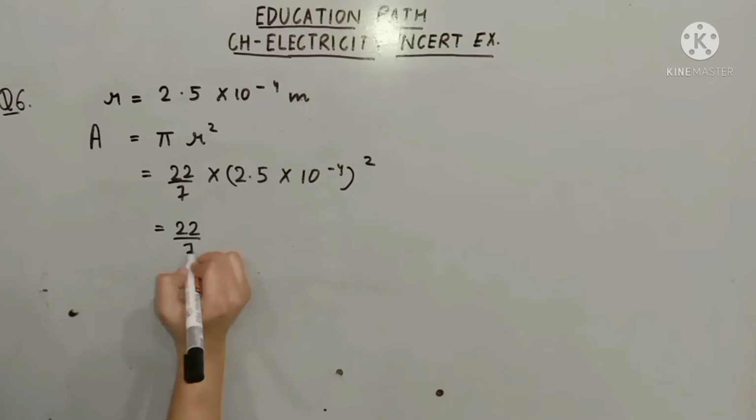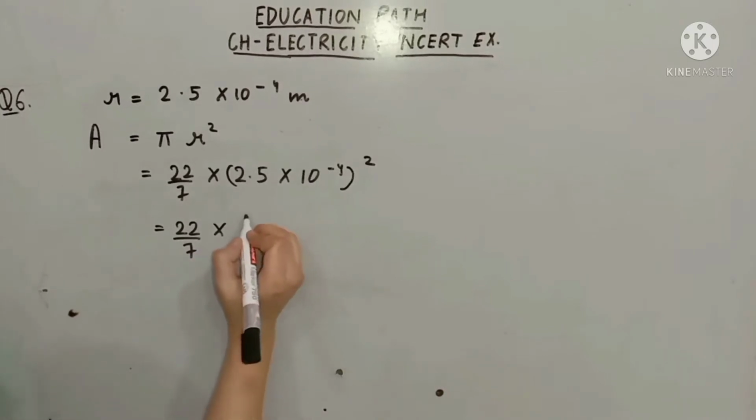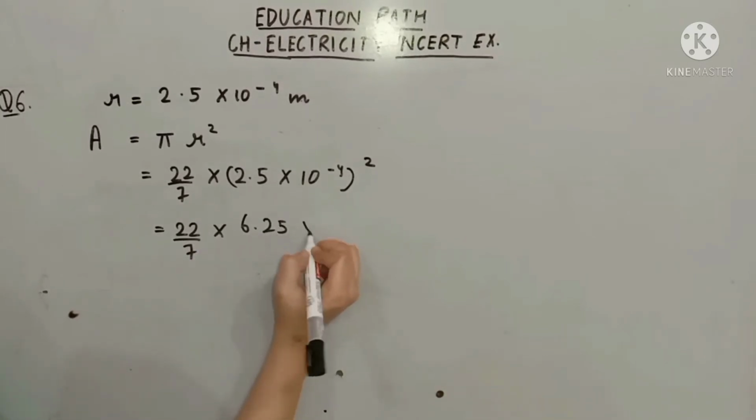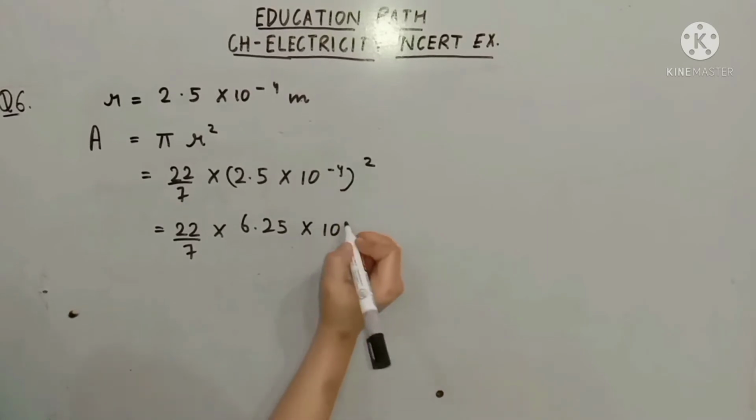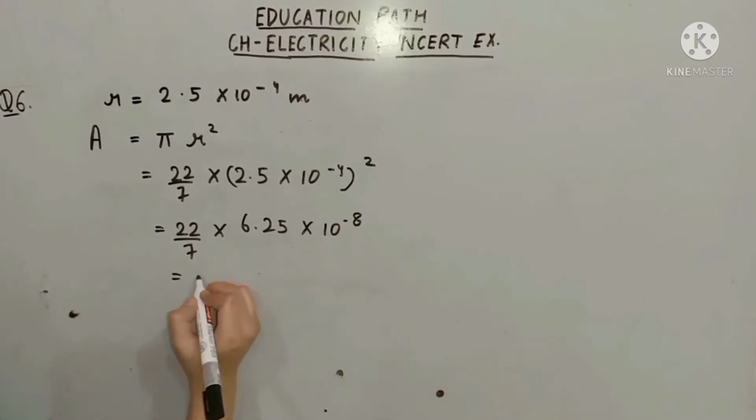22 upon 7 into 6.25 into 10 to the power minus 8.